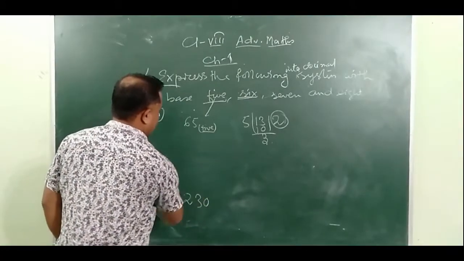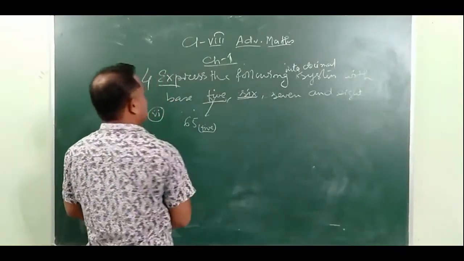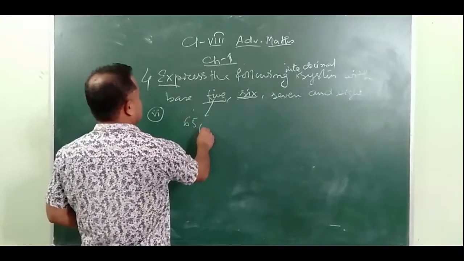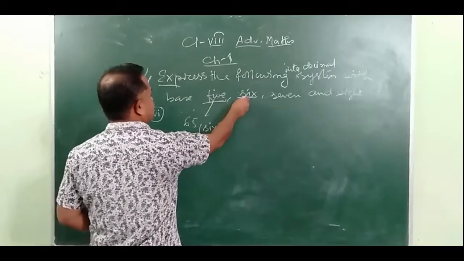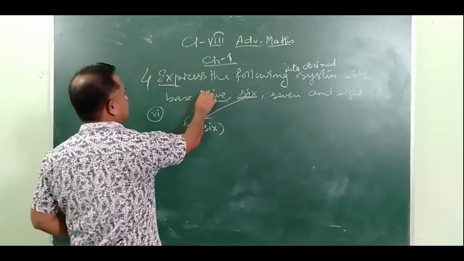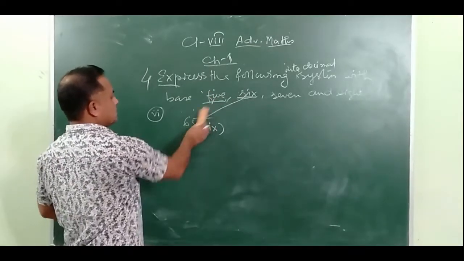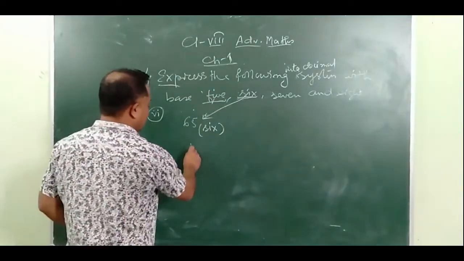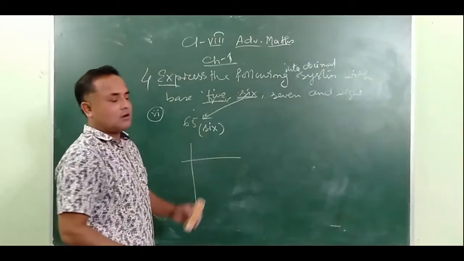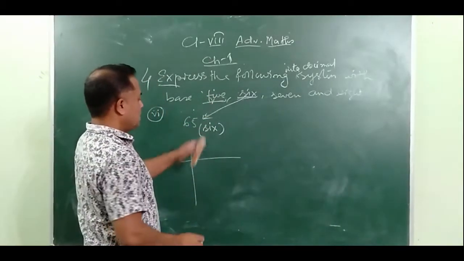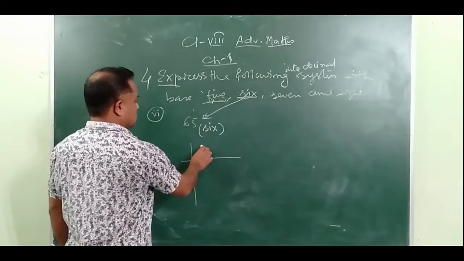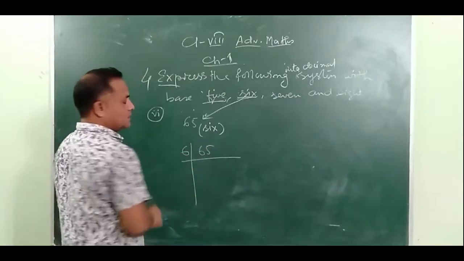Again, after base 5, we will see base 6. Base 5 is finished already. Now we will see base 6. Similarly, the same procedure as for 5, we try base 6 also. That is 65 with 6.